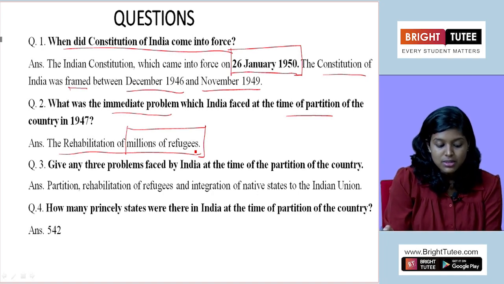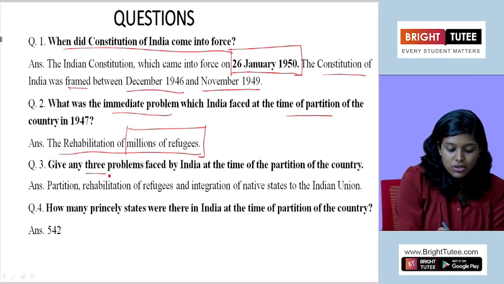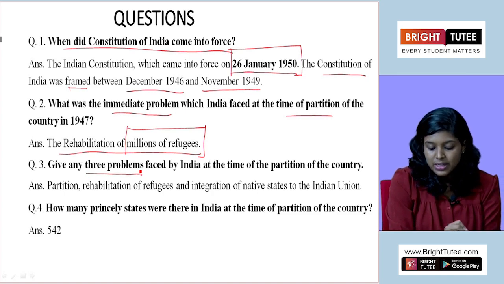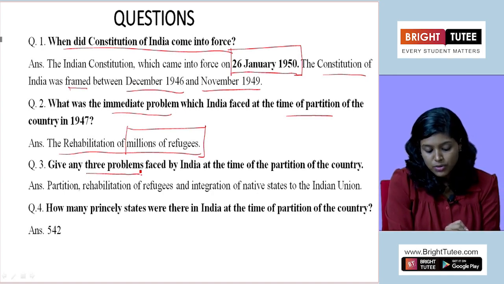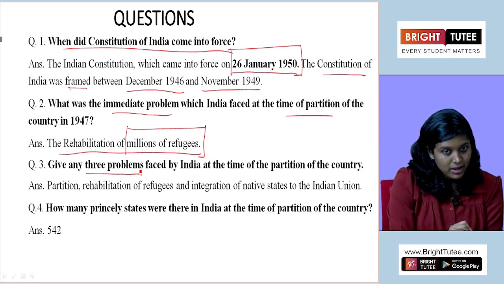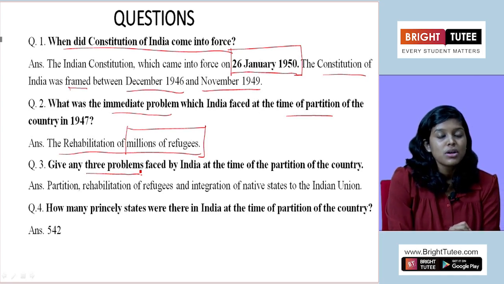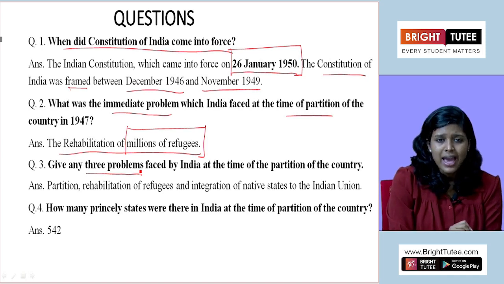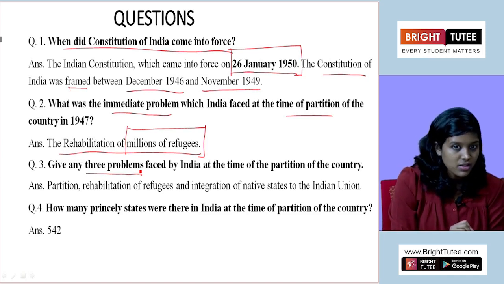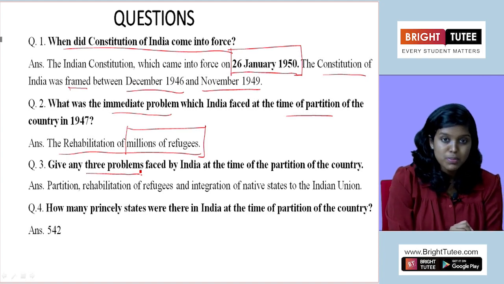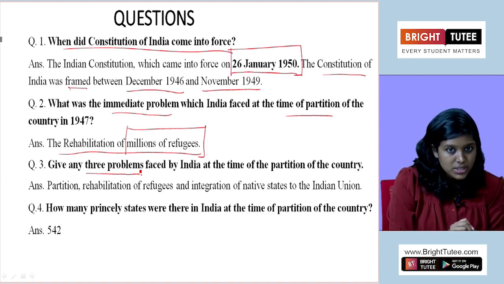And the next question is: give any 3 problems faced by India at the time of the partition of the country. So in the background, while discussing how these times were both exciting and disappointing, we had seen what were the problems which made this time a disappointing one.